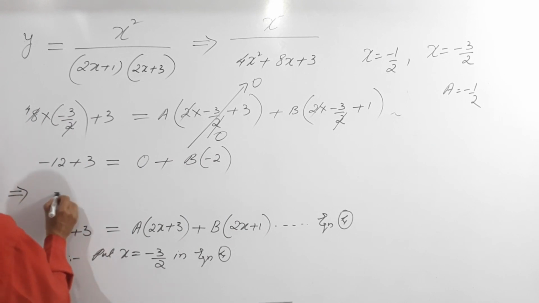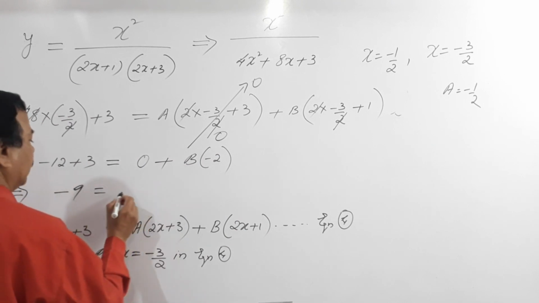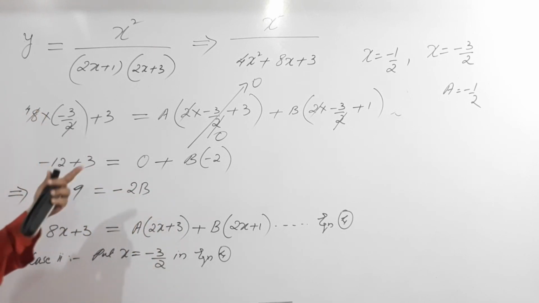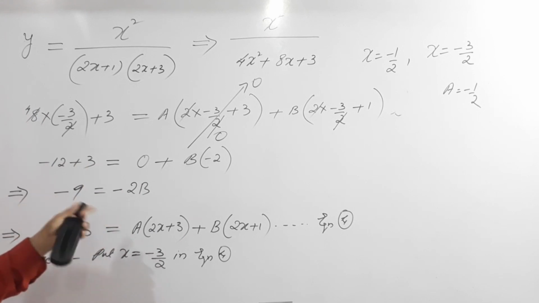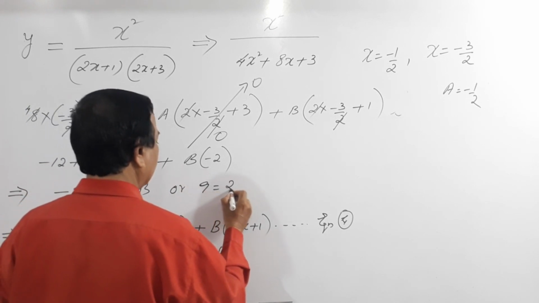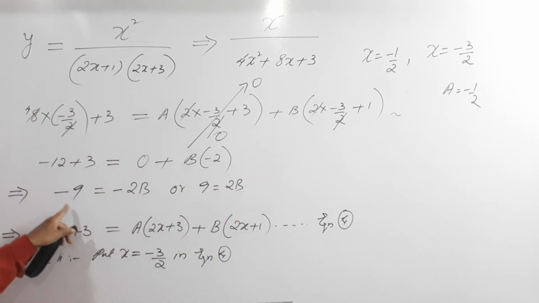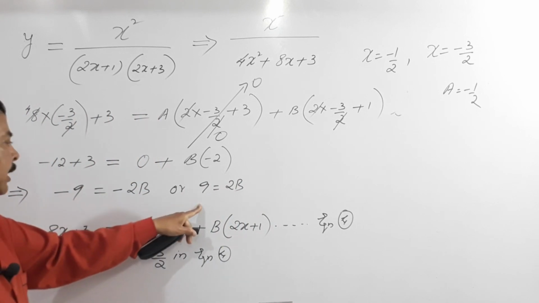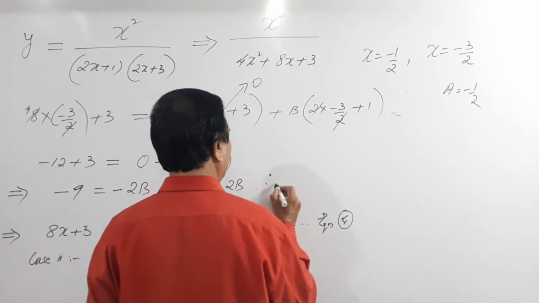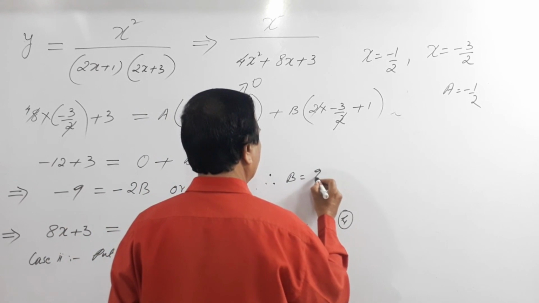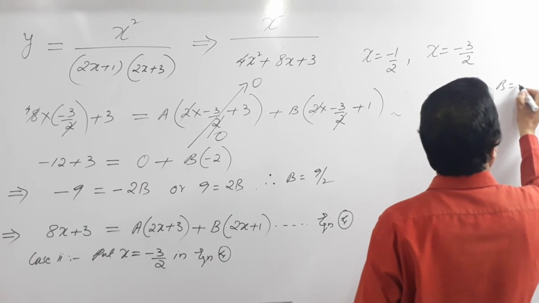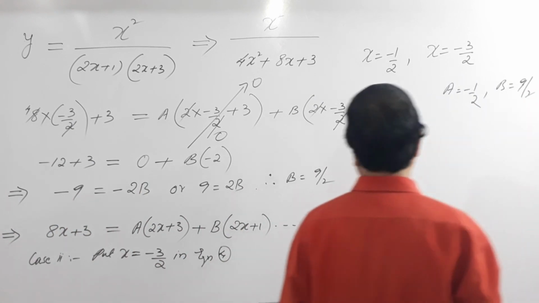That becomes minus 9 equals minus 2b. Both sides we have minus. Either multiply by minus on both sides or divide by minus sign on both sides. You get 9 equals 2b, because I am dividing or multiplying, both the signs will change. So it becomes 9 equals 2b. Therefore b equals 9 by 2. So the value of b is 9 by 2.